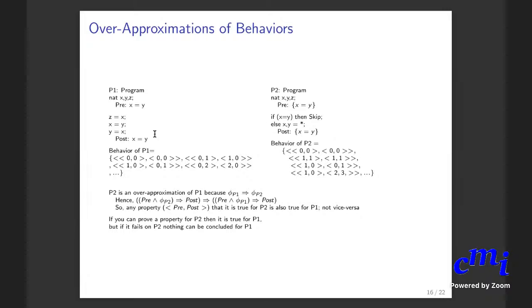But in general, sometimes you can think of clever transformations that you can apply, and these transformations are usually guided by the property that you want to prove. Maybe you can think of some clever transformations that you can apply to your original program, such that those transformations will only add behaviors.